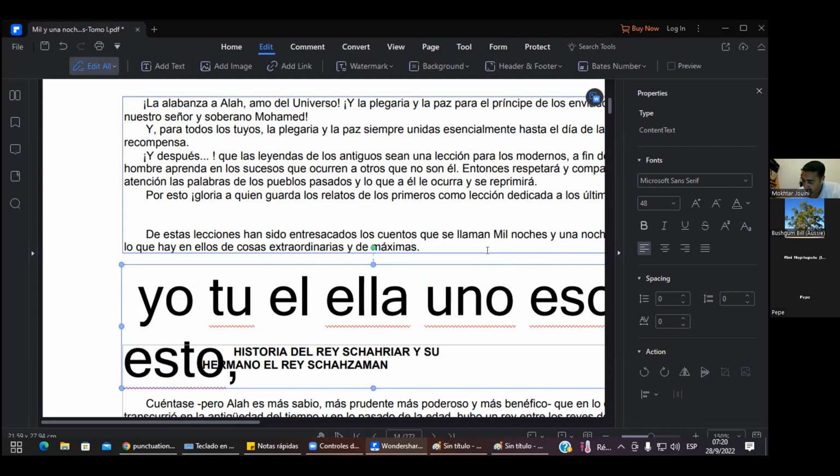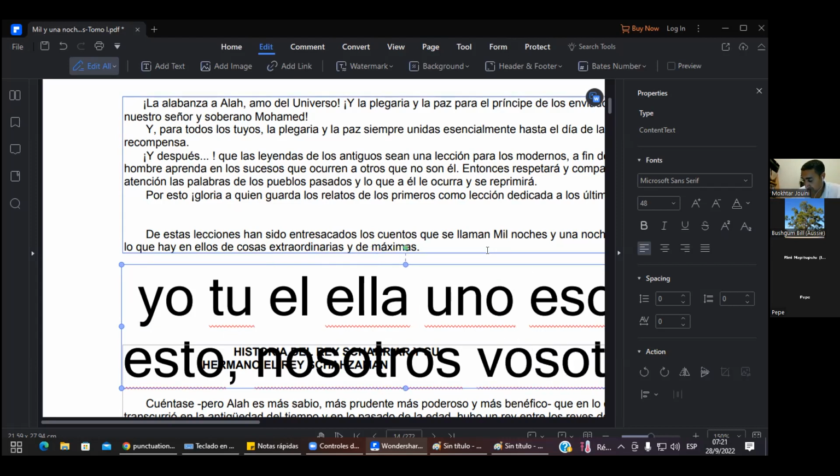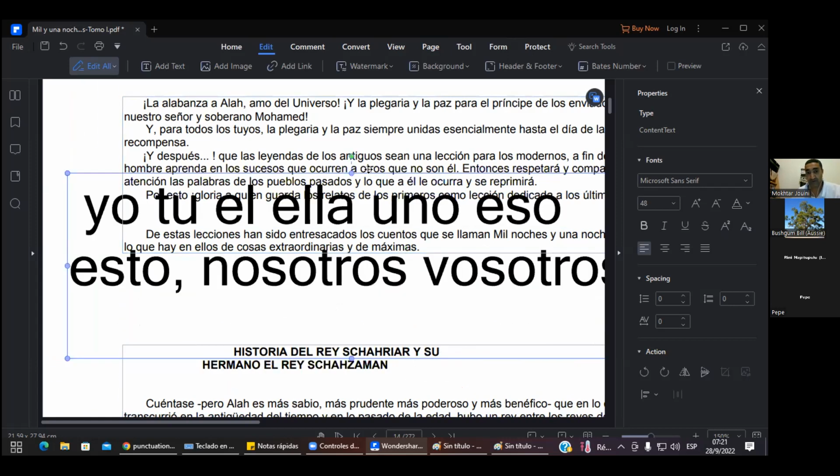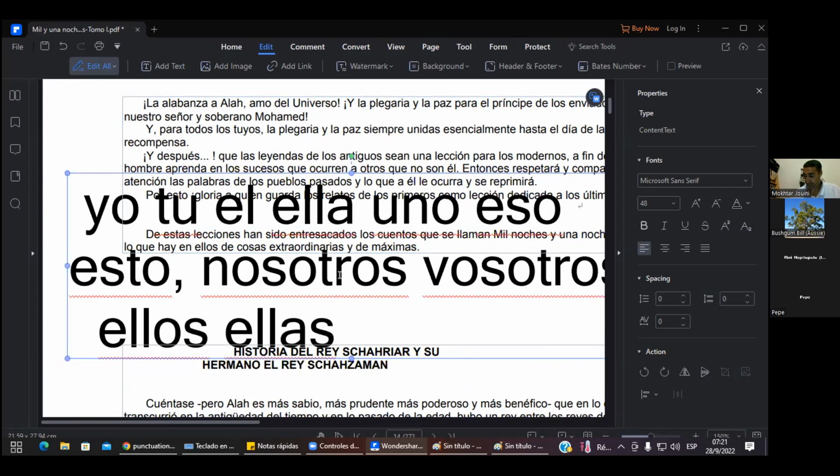And then we, that will be nosotros, nous; vosotros; and ellos, the plural. Ellos, or ellas in feminine form. That will be the persons that you use in Spanish.